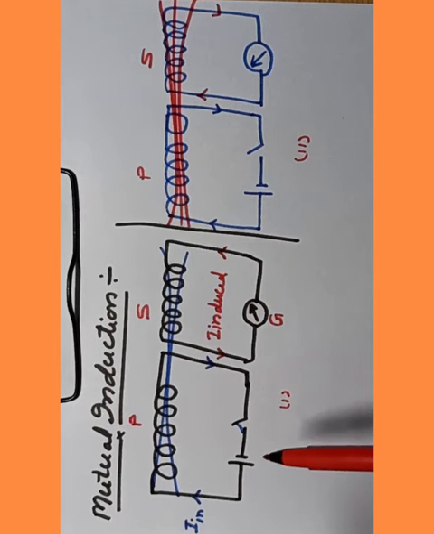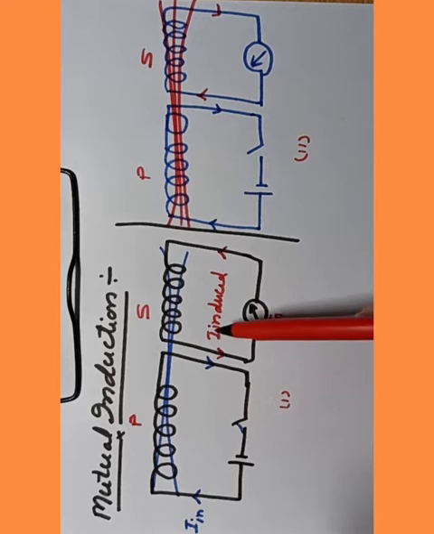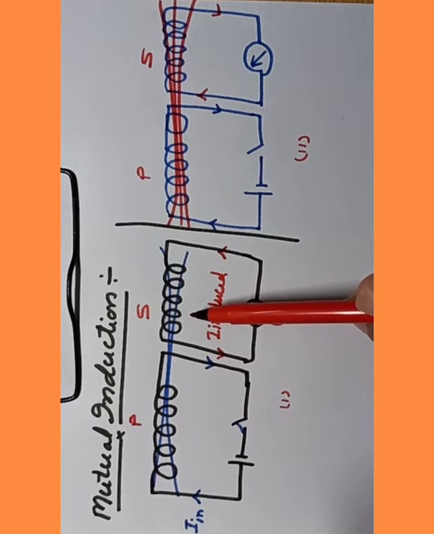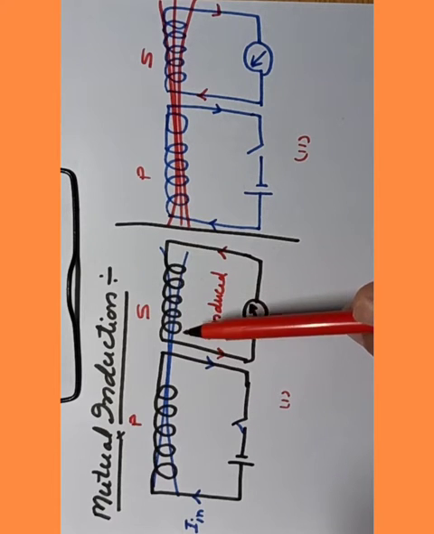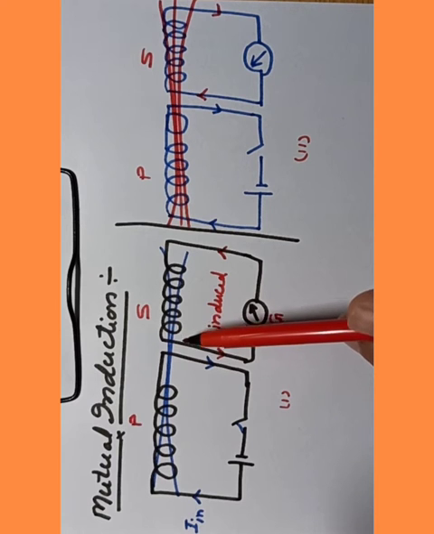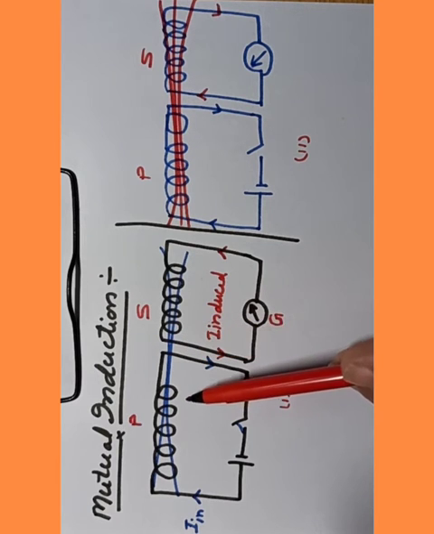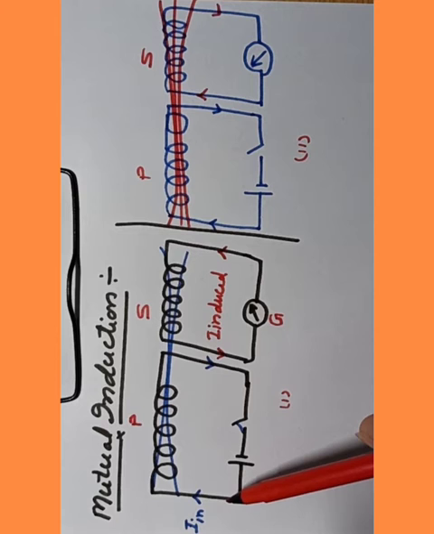In the first case, what happens when the current is increasing? When the current is increasing, the direction of induced current in the secondary coil will be such that it opposes the increase of magnetic field and hence increase of battery current or main current in the primary circuit.